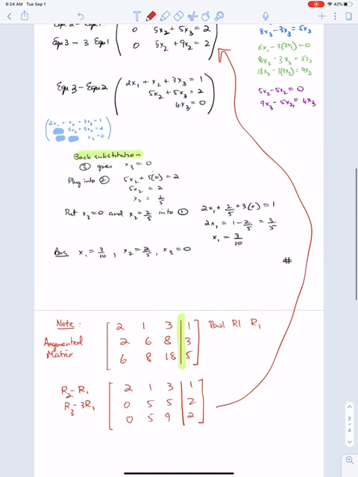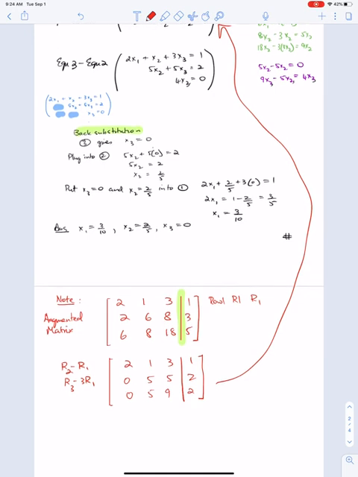So no need to say equation 3 minus 3 equation 1. It's just a little bit simpler. And then you have R3 minus R2. And you have 2, 1, 3, 1, 0, 5, 5, 2. I'm copying down from here. You see the variables are completely unnecessary.